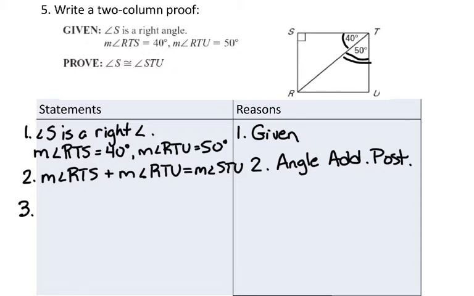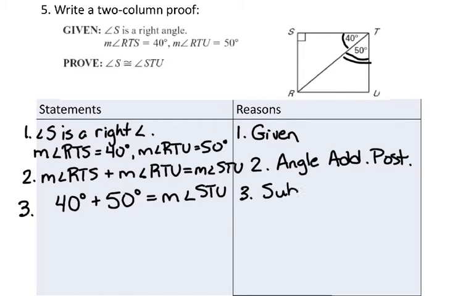Substitute both of these in, we get 40 and 50, and then combine these terms together. So here I just use substitution. Step 4, I'm combining like terms. So this is equal to 90 degrees.